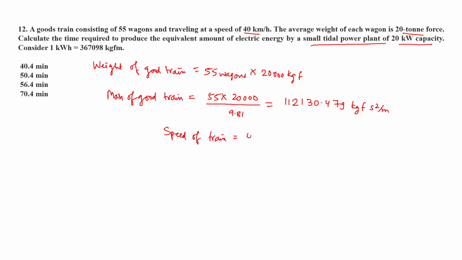Speed of train is given as 40 kilometer per hour, which on conversion gives 11.11 meter per second.